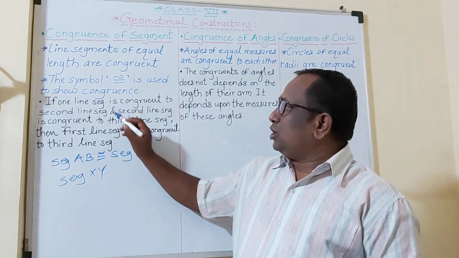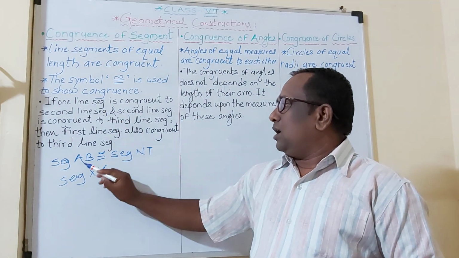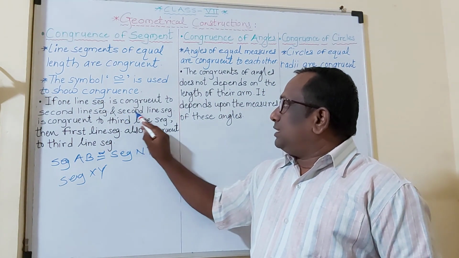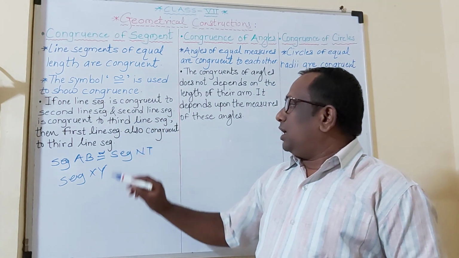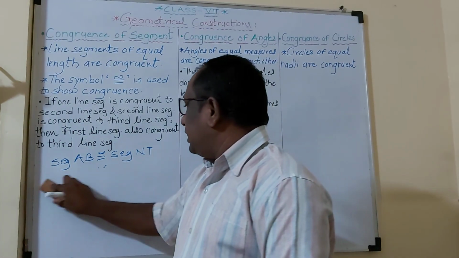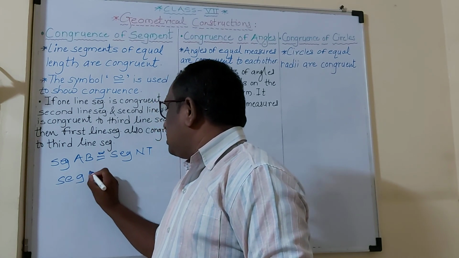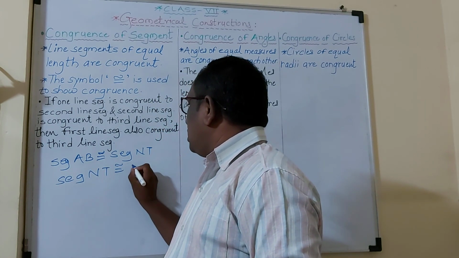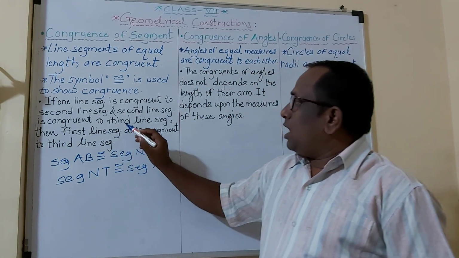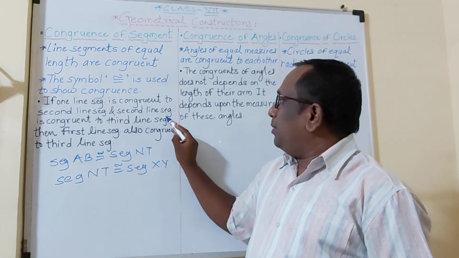Now see, according to this property, if one line segment is congruent to a second line segment, first AB is congruent to NT, and the second line segment is congruent to a third line segment, for example segment NT is congruent to segment XY, then the first line segment is also congruent to the third line segment.